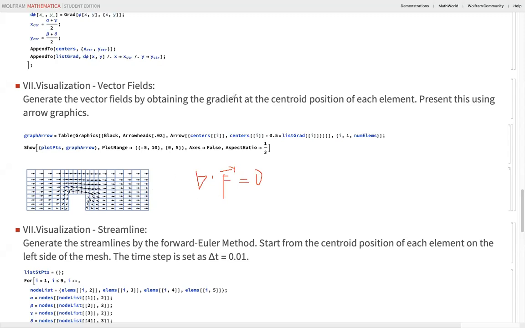So in that case, we call the fluid incompressible, which means that the density of this fluid doesn't change along the flow.